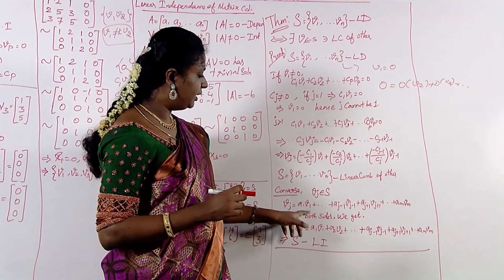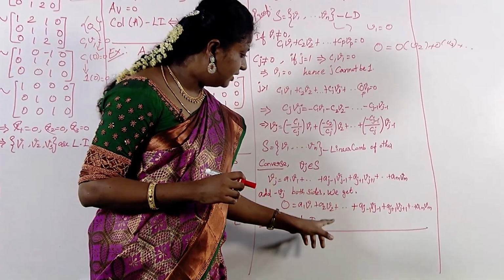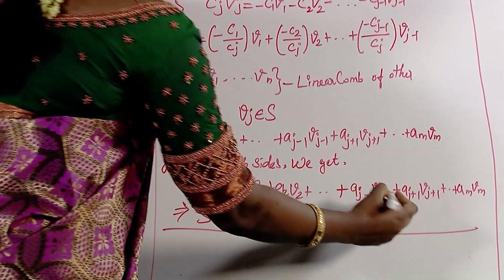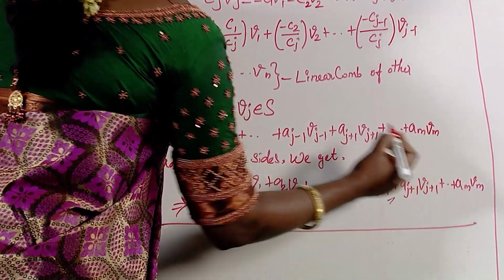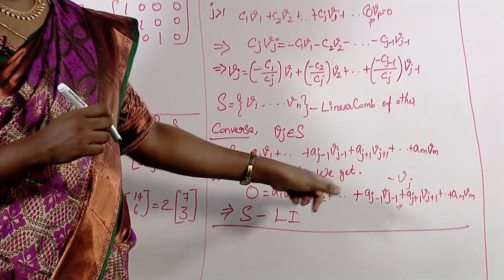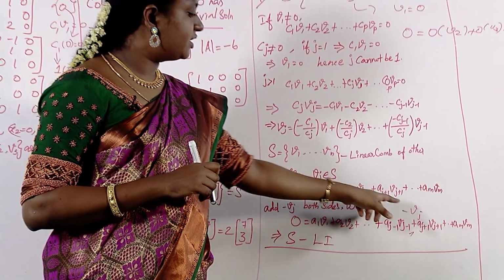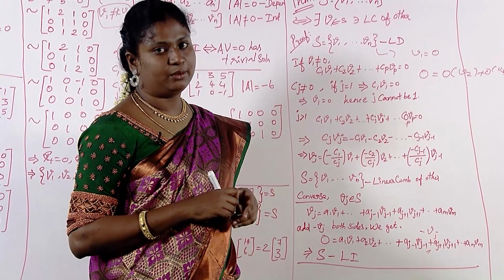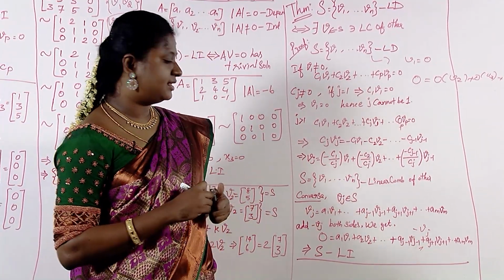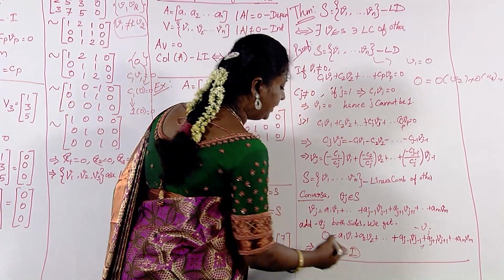Therefore, you will have minus Vj, so the coefficient is minus 1. You can see here, this is one such linear combination, and the coefficient of Vj is minus 1, that is not equal to 0. That confirms the set we are considering is linearly dependent.